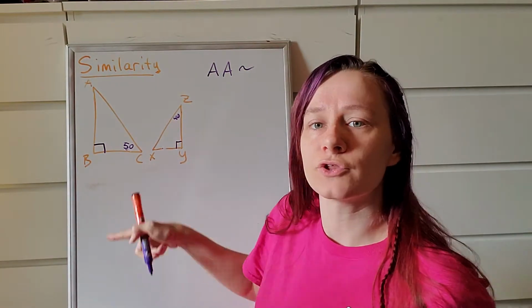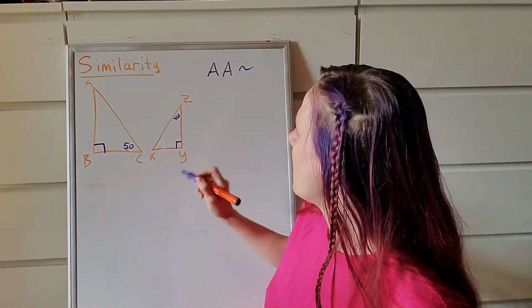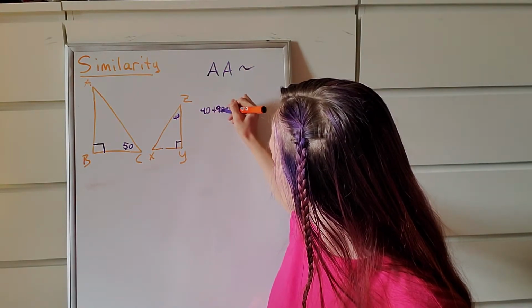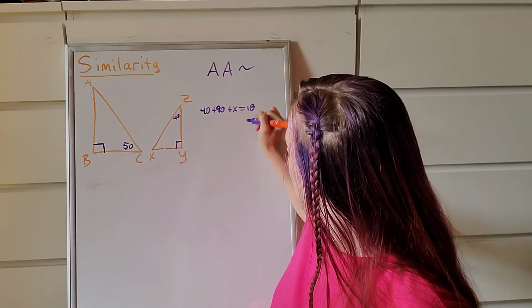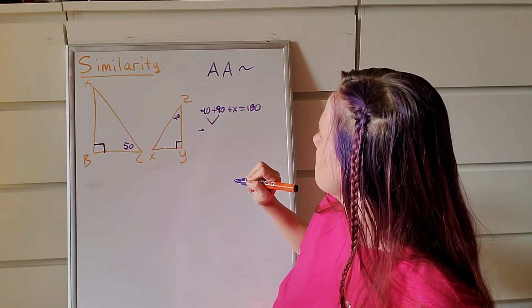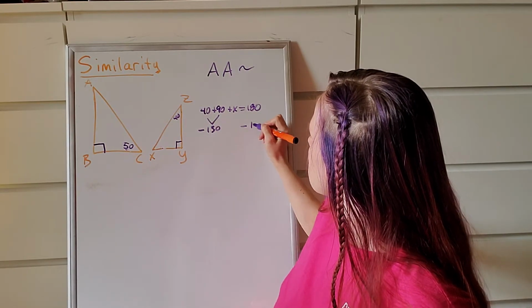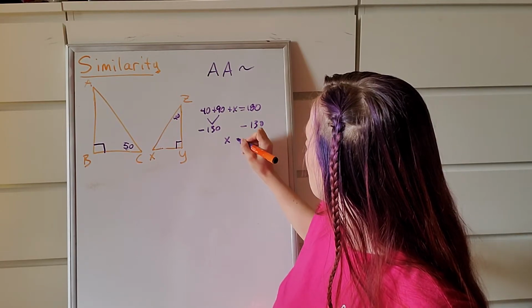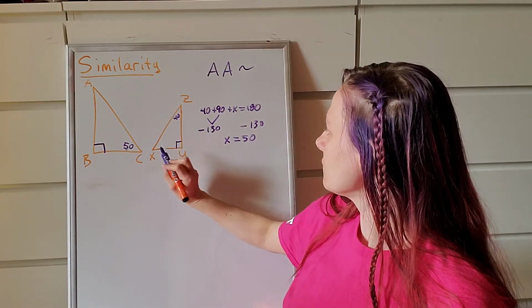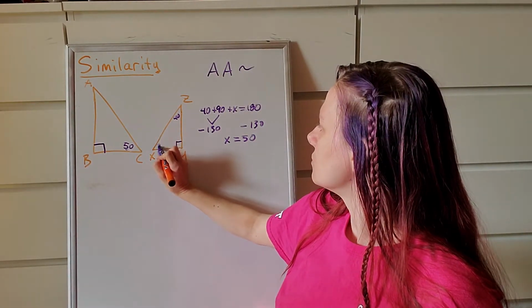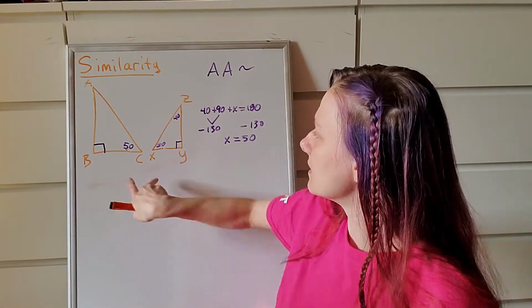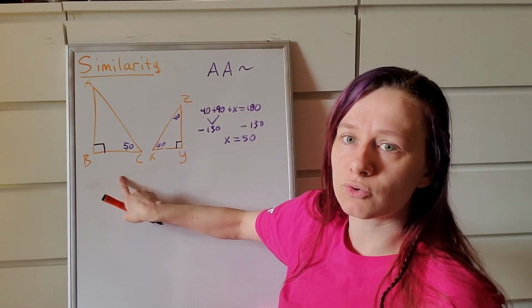Well, I could solve for the third angle of one of those triangles, so 40 plus 90 is 130. So I subtract 130 from both sides, and X equals 50. So I just solved and found that this angle is 50 degrees. So now I have angle similarity because I showed that angle X is congruent to angle C.